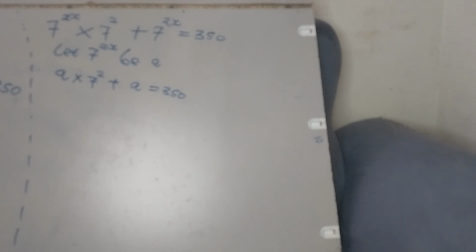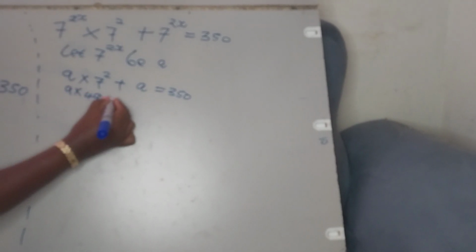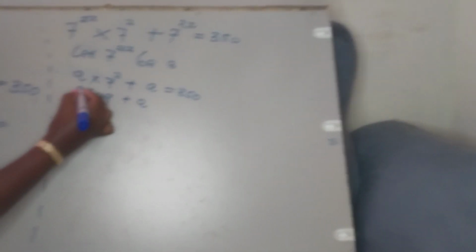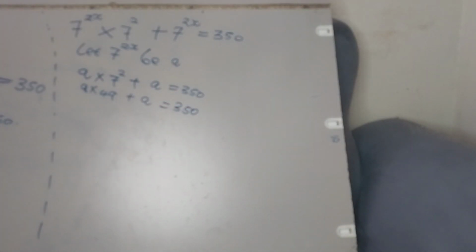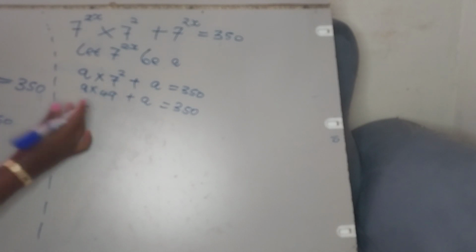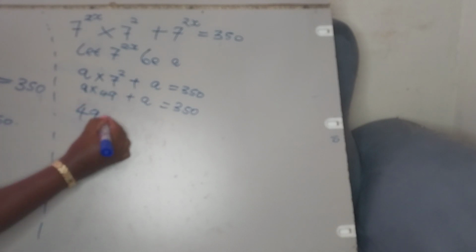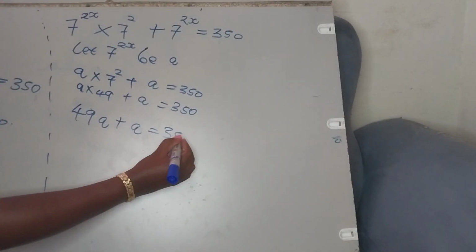Now, what is 7 squared? 7 squared means 7 times 7, which is 49. So this is the same as A times 49 plus A gives us 350. What is 49 times A? This simply becomes 49A plus A gives us 350.